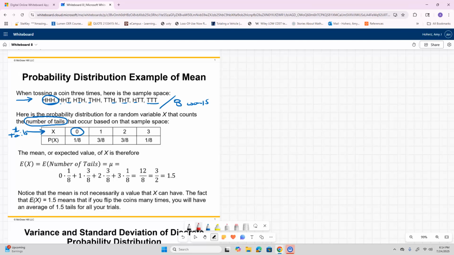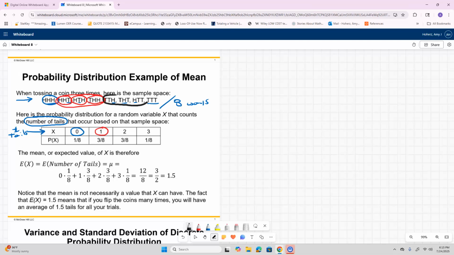Now let's go to 1 tail. Well, there's this way, and this way. So there's 3 total ways to get just 1 tail. So 3 out of the 8 ways, 3/8. Then how many ways to get 2 tails? Well, there's tails, tails, heads; tails, heads, tails; heads, tails, tails.